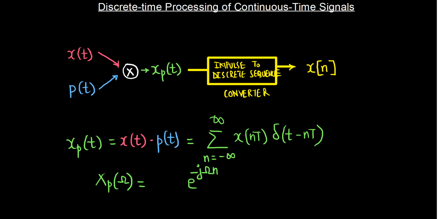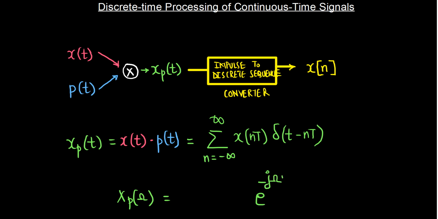So let me write that once again. This xp of omega is going to be, as we know, the Fourier transform of delta is 1 and the shifted version of delta is the exponential, e to the power minus j omega nT, times 1, and the scaling factor x of nT would be there.